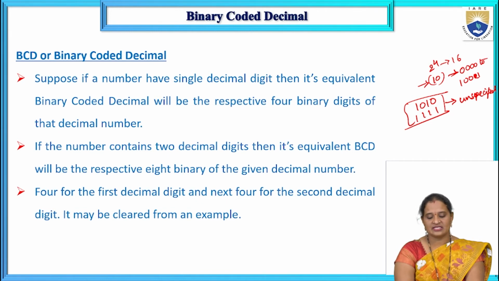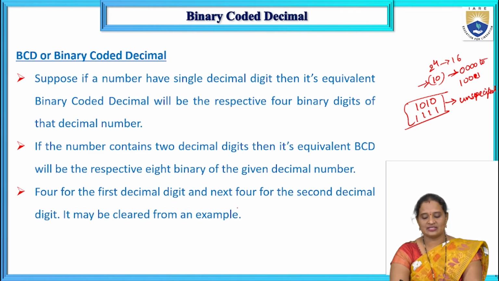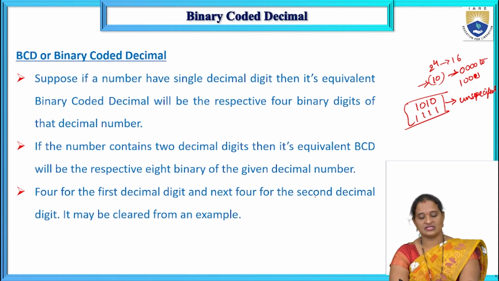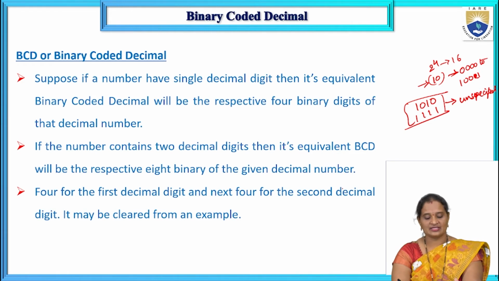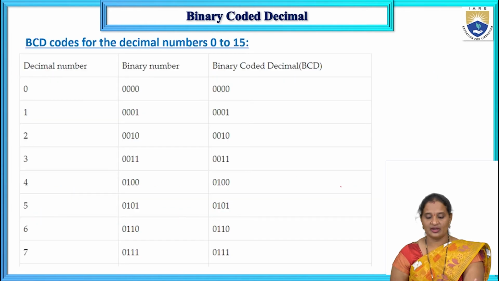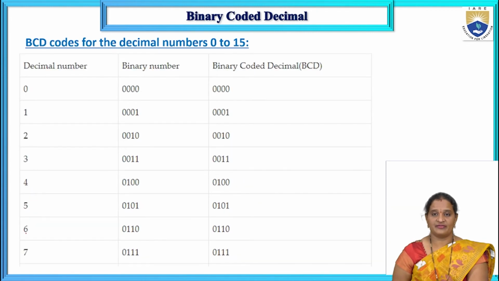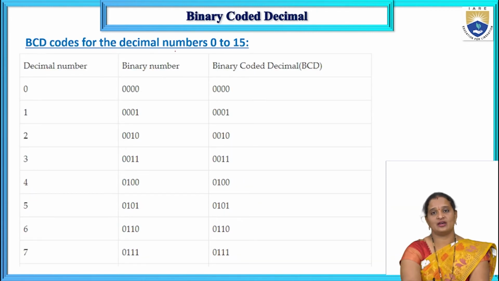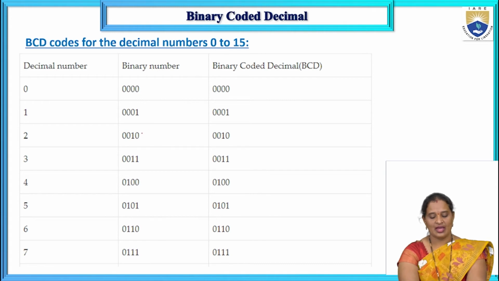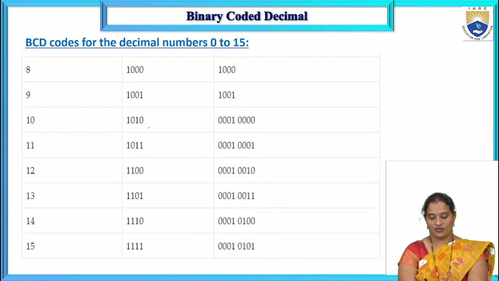The first 4 bits are for the first decimal digit, and the next 4 bits for the second decimal digit. It may be clearer if we have an example. So for example, we have decimal numbers 0 to 15 here, and the respective binary numbers 0000 and so on up to 1111.